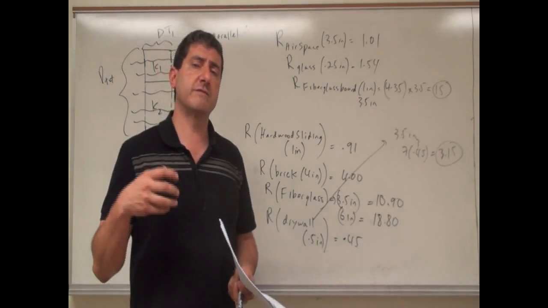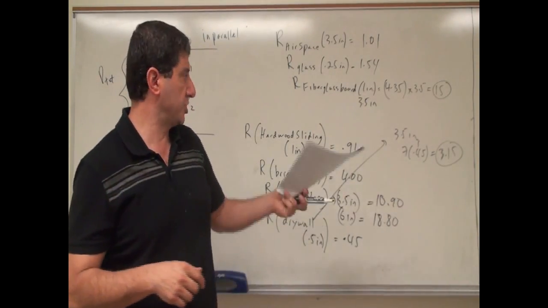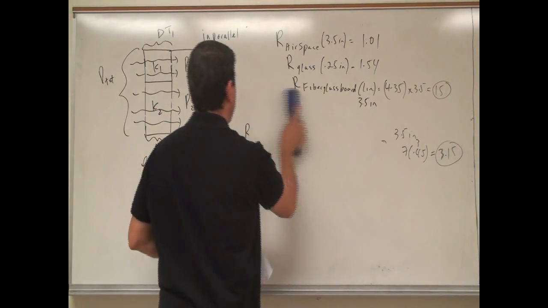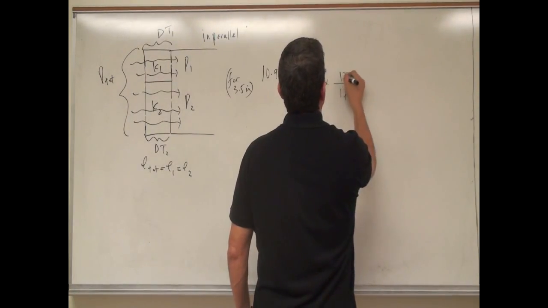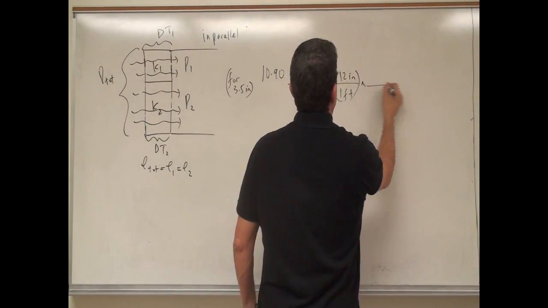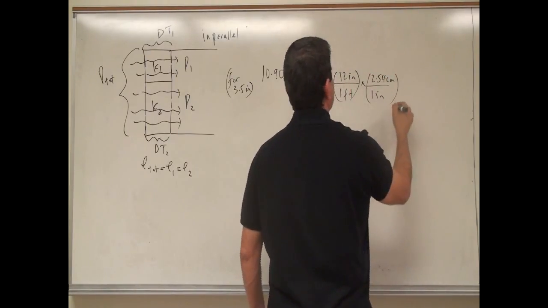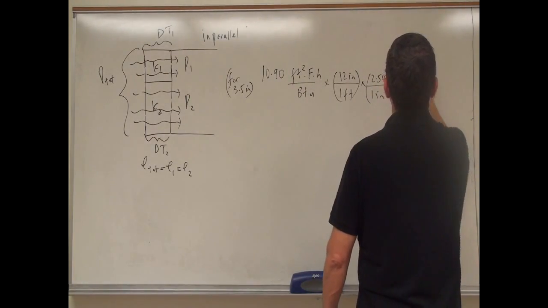Now let me show you how to convert from the British unit system to the metric unit system. We'll just give one example, right? Let's say the fiberglass, the 10.9. Then I can convert: 1 foot is 12 inches. 1 inch is 2.54 centimeters, right? 100 centimeters is 1 meter.